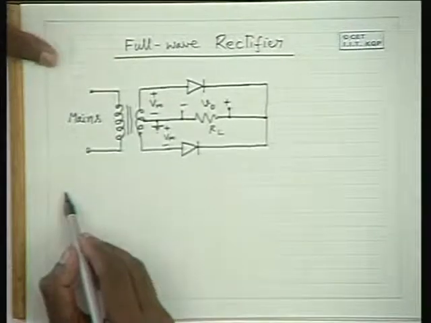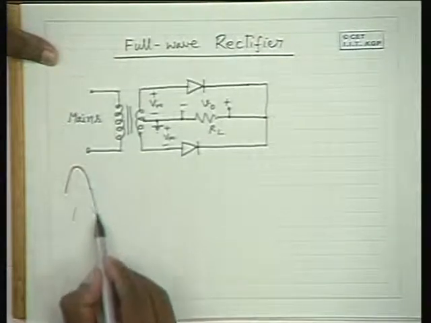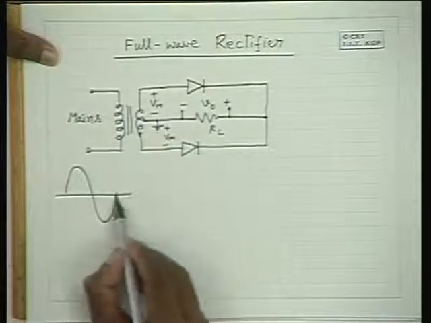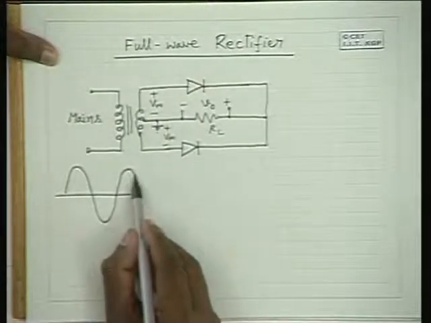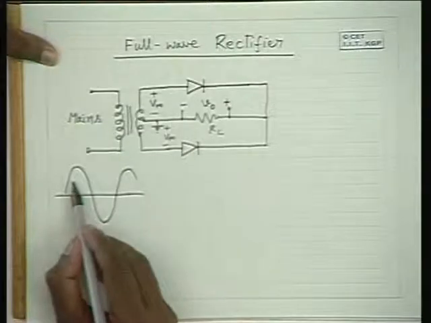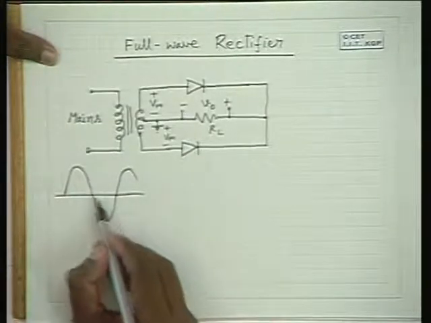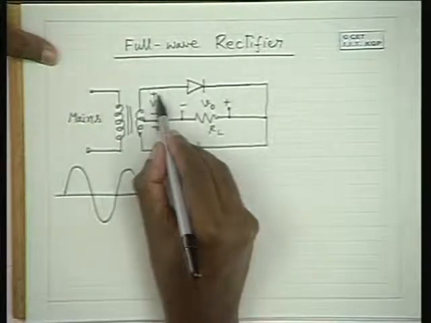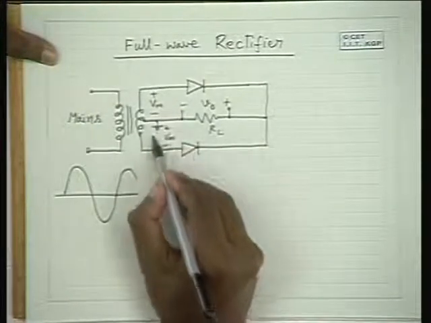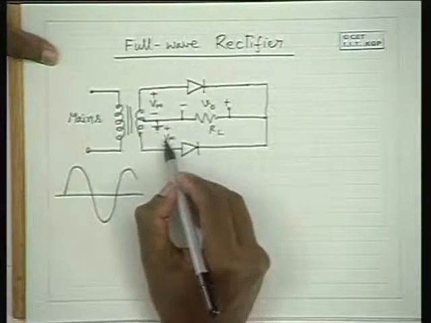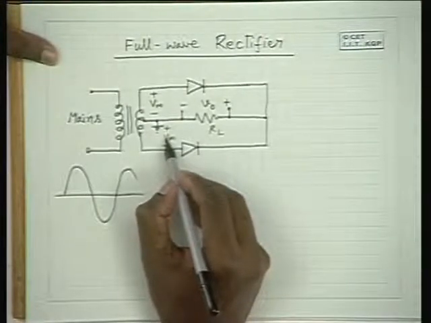Now, this kind of AC, a sinusoidal AC applied here, let us see what happens to the circuit. For the positive half cycle, you have a small positive sinusoidal voltage appearing here and this same amount of positive sinusoidal voltage appearing here.